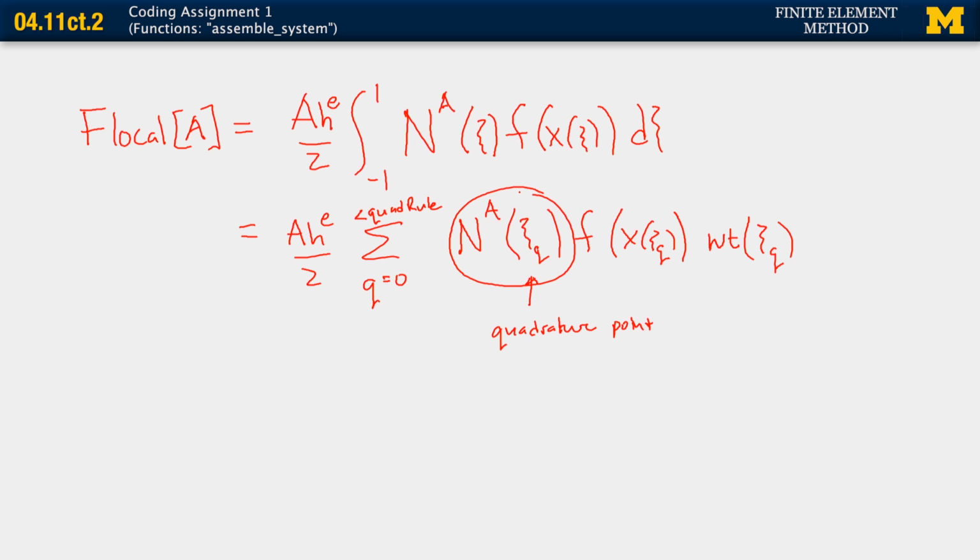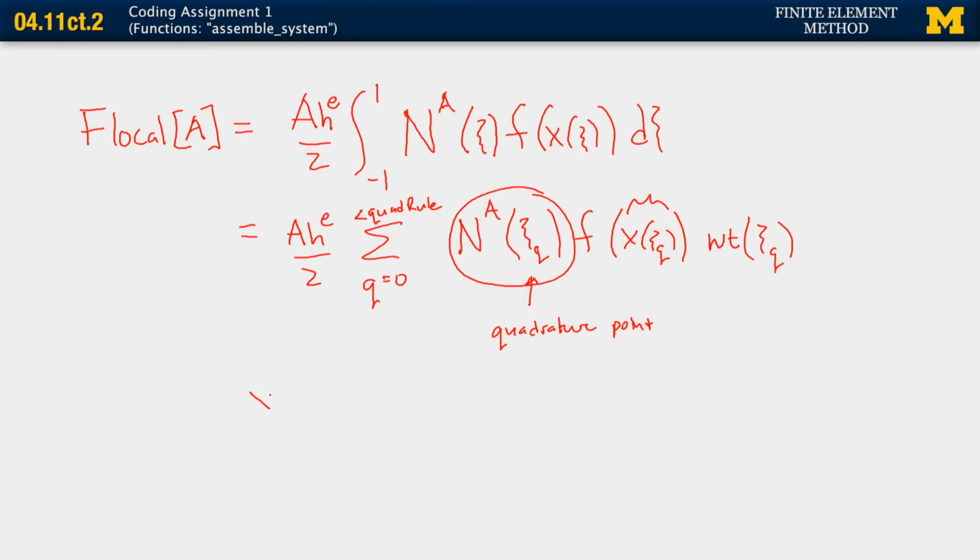This term should be easy enough to evaluate because we already have our basis function that has as an input the node and xi. Now here, you're given a forcing function or a body force. How do we do this term here? We have a value of xi, we need a value of x.